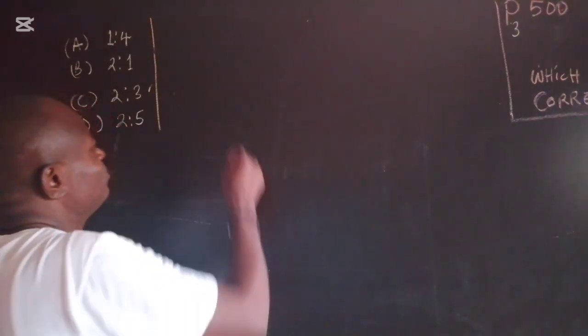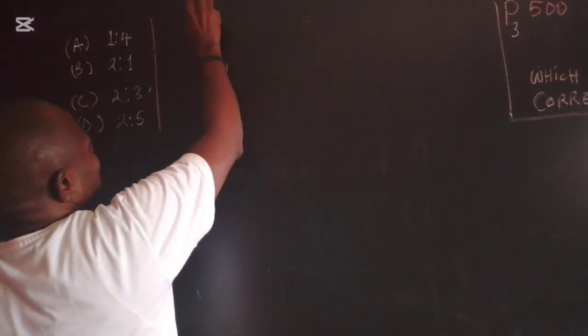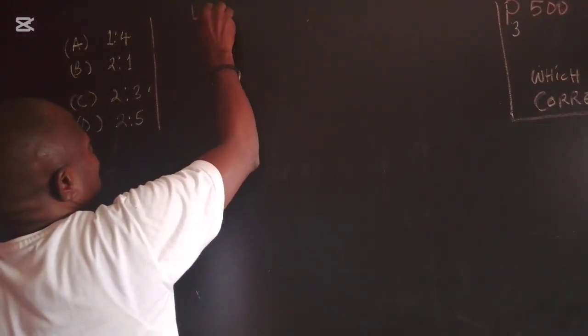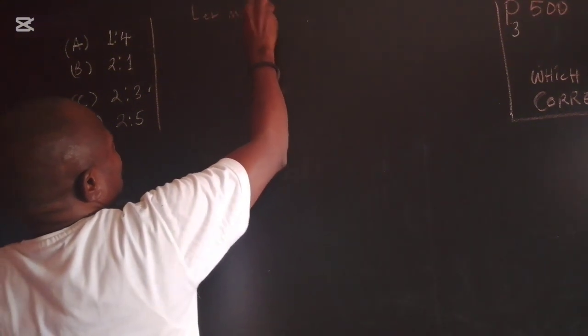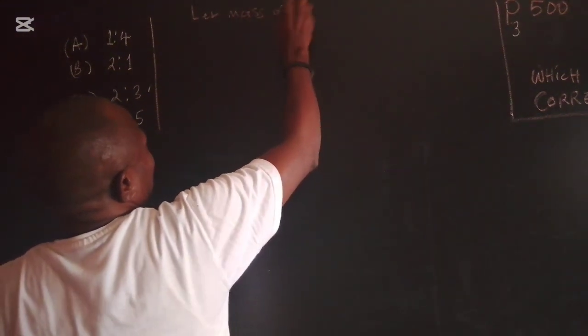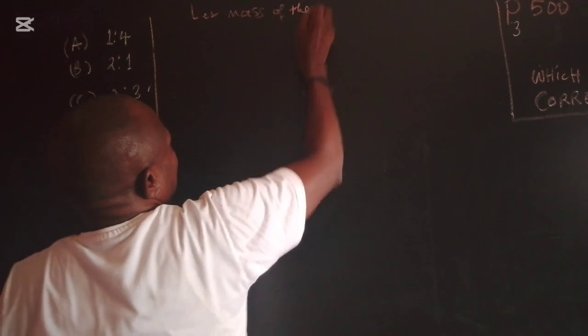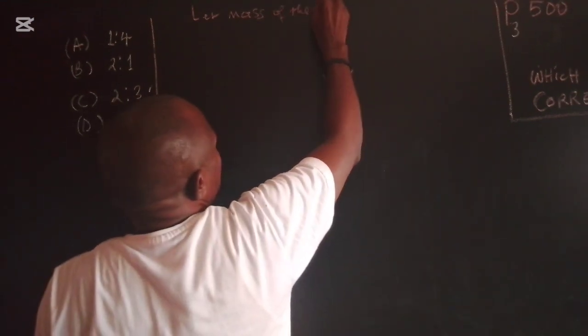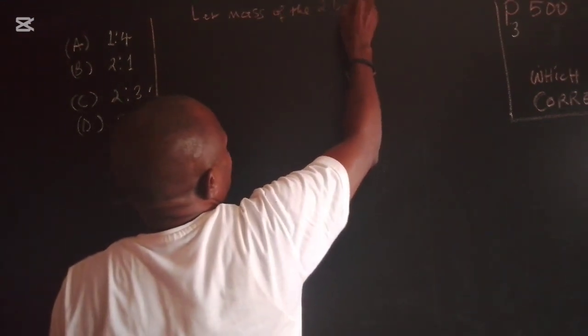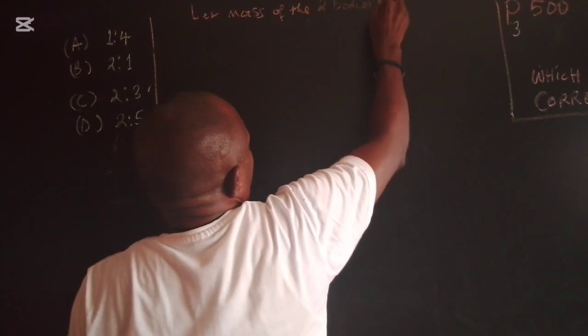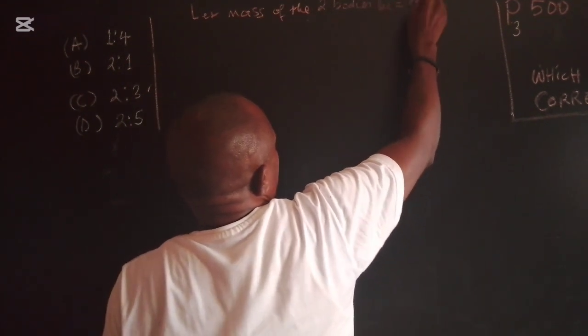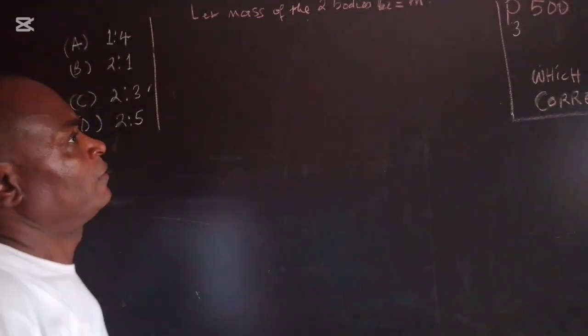So the first and foremost thing we'll do is let the mass of the two bodies be m, right?